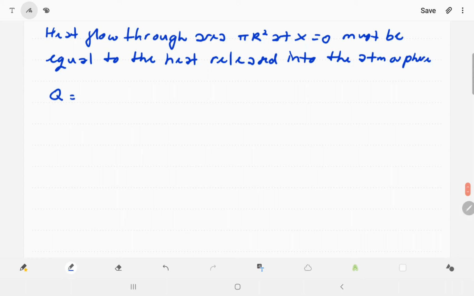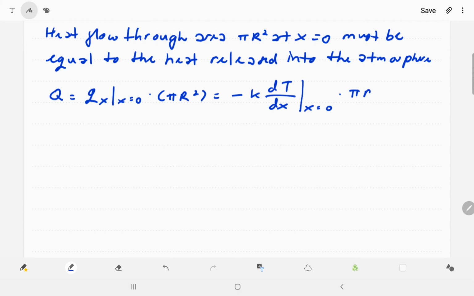Q is equal to Qx at x equals 0 multiplied by pi r square. So this is the heat conduction, the area of the heat conduction at x equals 0. So this will be equal to, if we go to the top, just Fourier's law of heat conduction at x equal to 0 times pi r square.